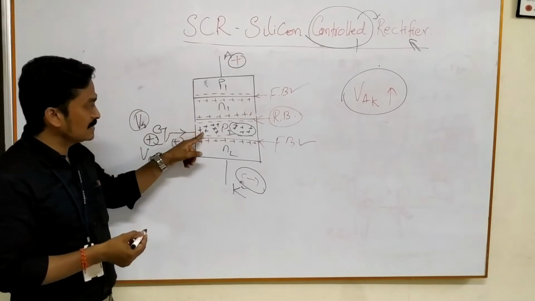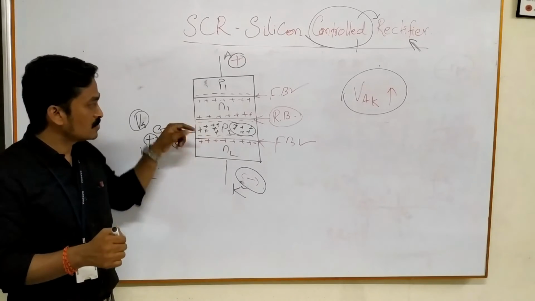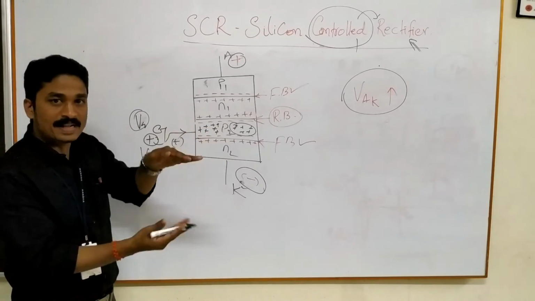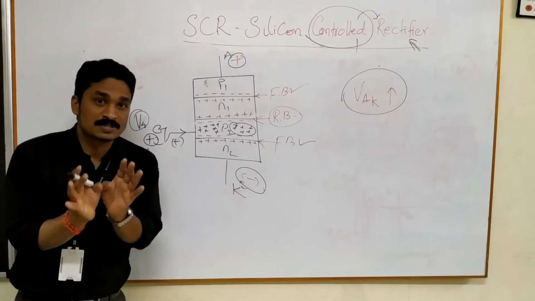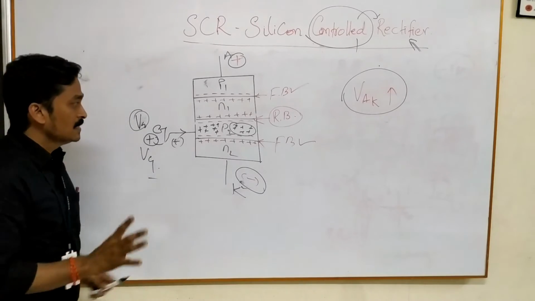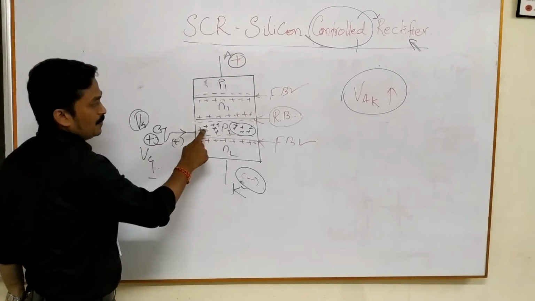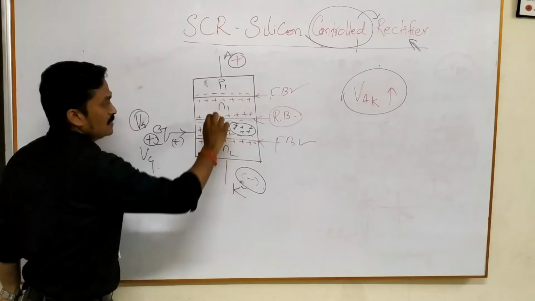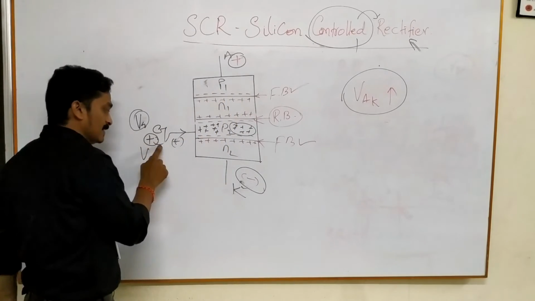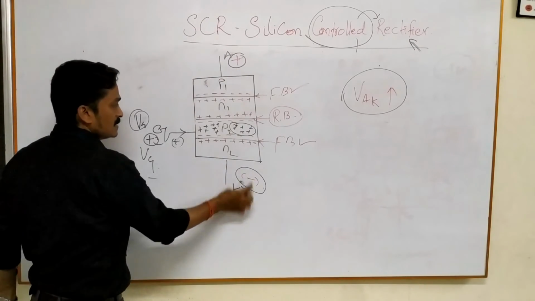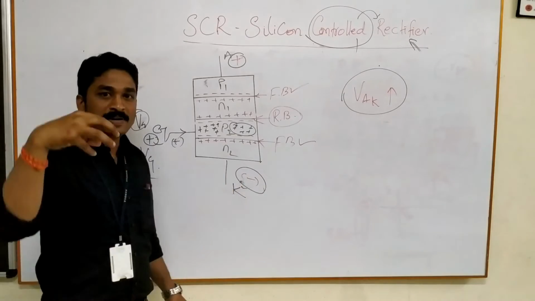This gate will give extra force to this terminal to break the junction quickly. This happened in the Zener diode. Do you remember this? Simply, this plus opposes this plus, so all the plus come to this side, and automatically the depletion layer width is increasing. So with the help of this and with the help of this, the reverse breakdown will happen quickly.